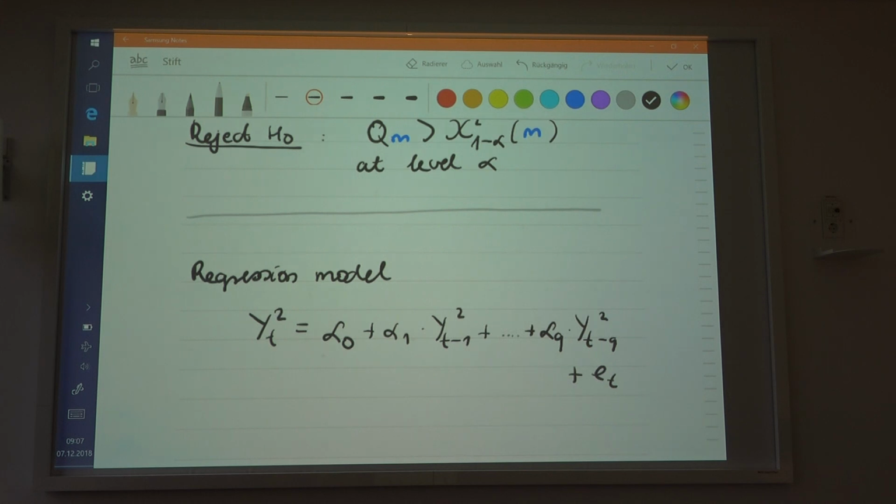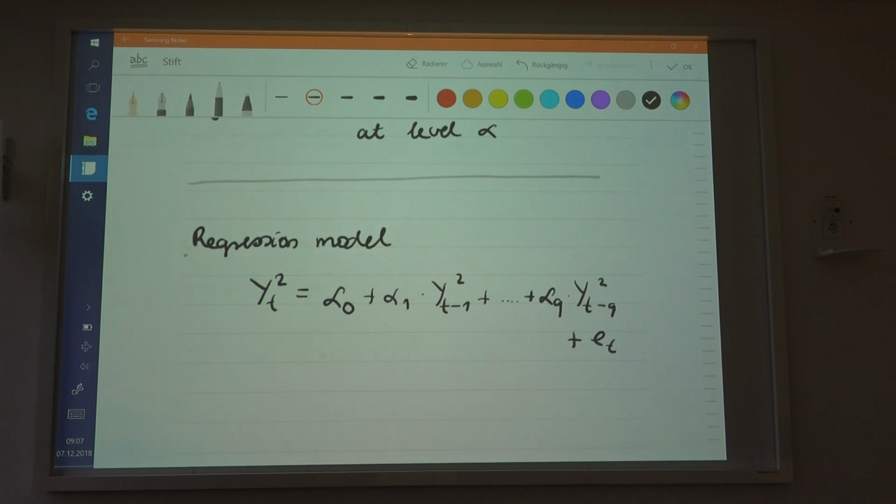You estimate the model, and then you take the coefficient of determination. So R squared will be the coefficient of determination of the model. You had to see the coefficient of determination for this assignment already.